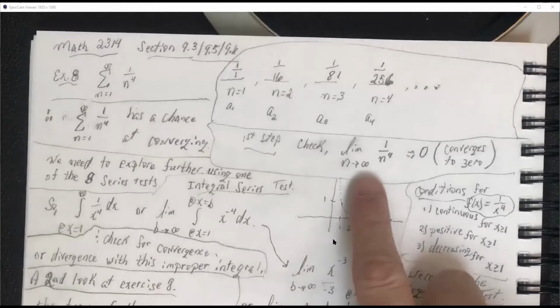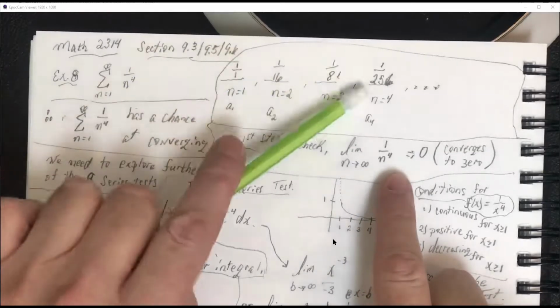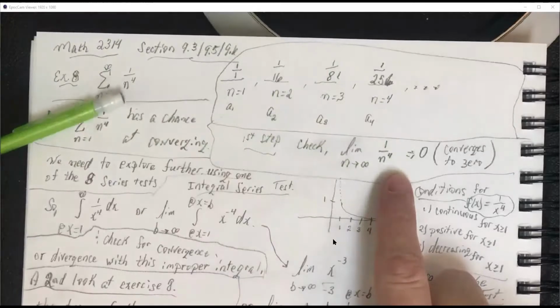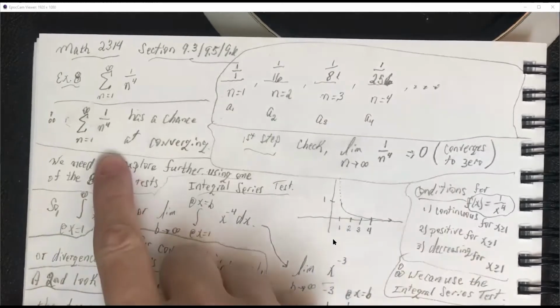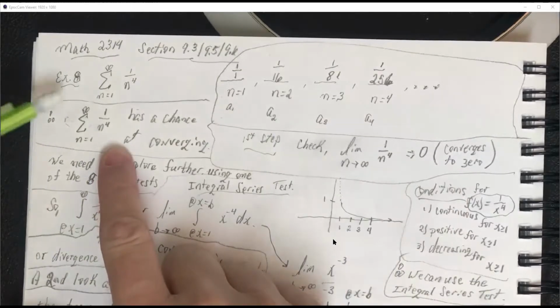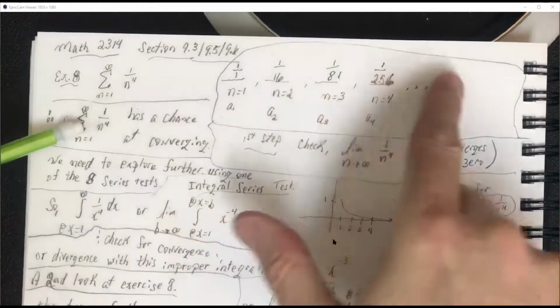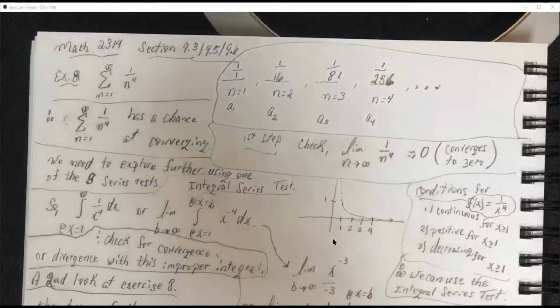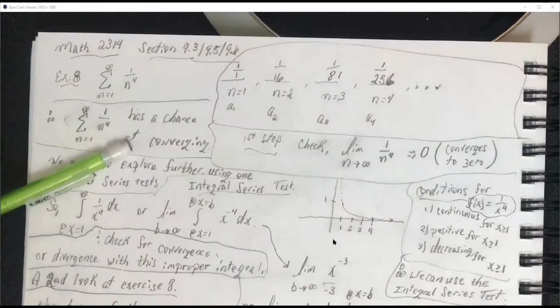Okay. So we just showed that the limit of the individual terms of the sequence does converge to 0, and therefore coming back over to this location, the sum of all these terms forever and ever has a chance at least to converge, and so that's what I have written right here.